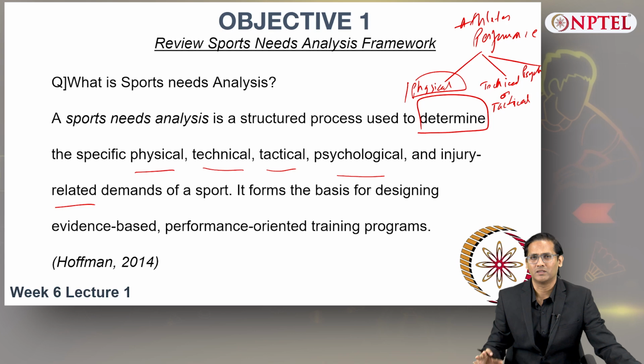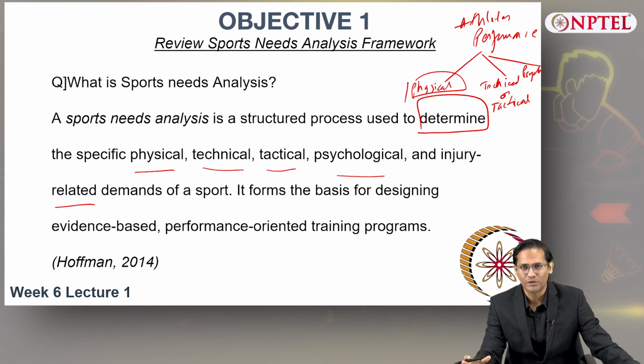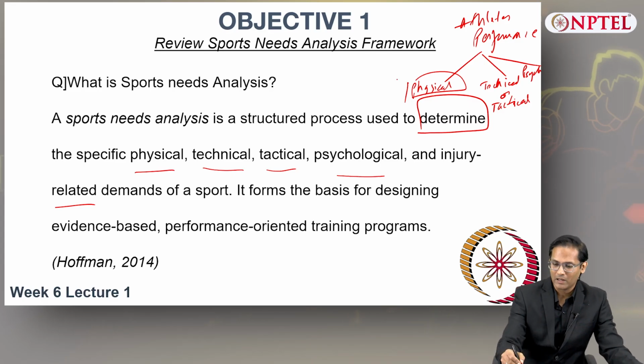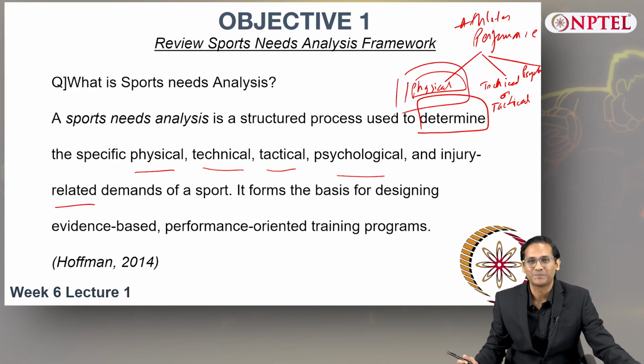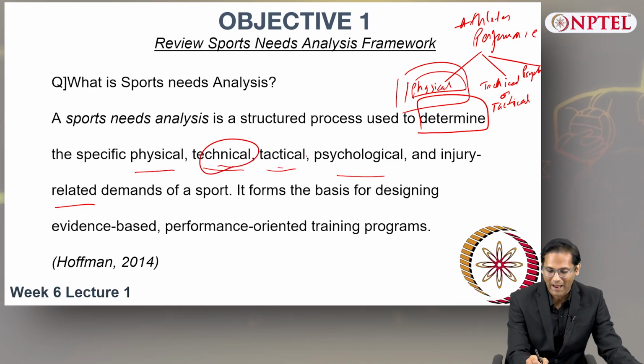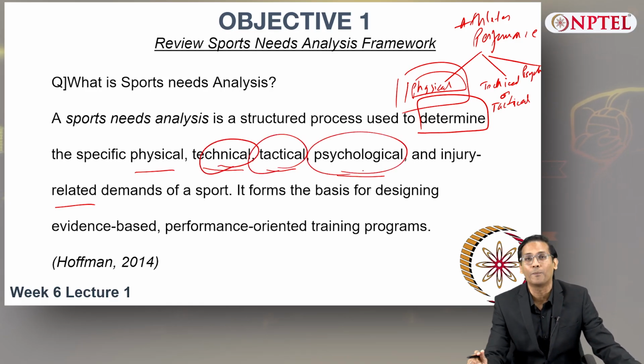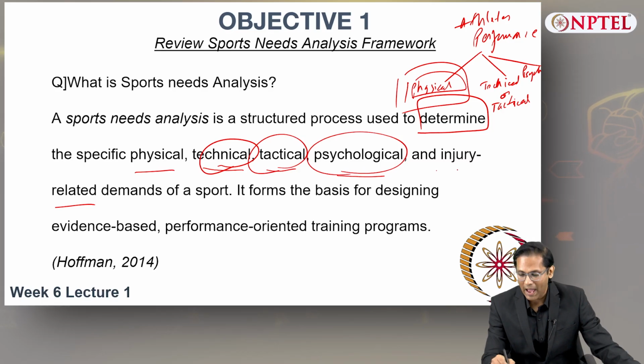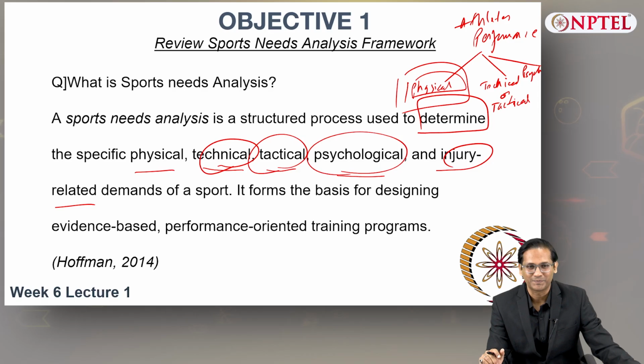Now, limited to this course, we are going to speak only about the physical component. So we are not going to talk about the technical, tactical, psychological and lastly the injury component of the game demands.